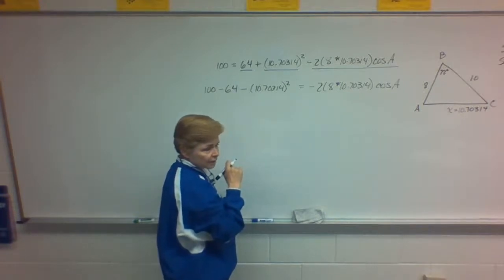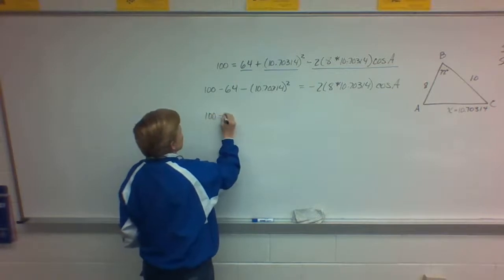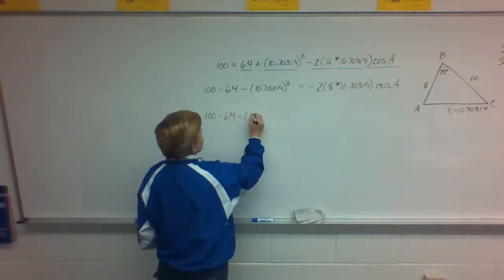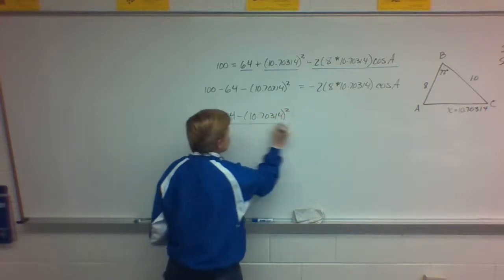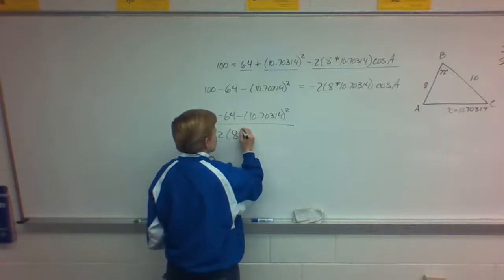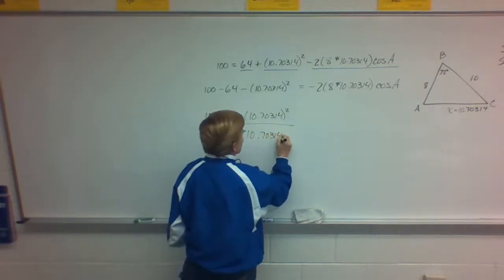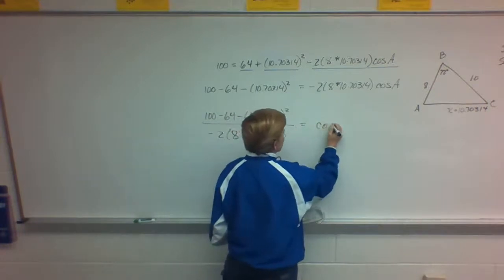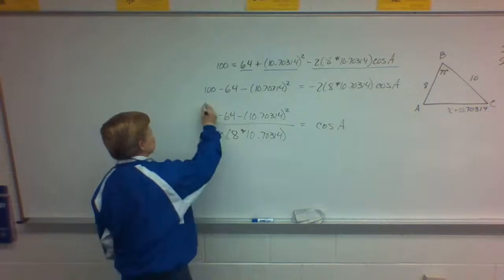You understand? Yes, by division, you're going to get rid of that. So it's going to be 100 minus 64 minus 10.70314 squared divided by negative 8 times 10.70314. And that equals the cosine of A.